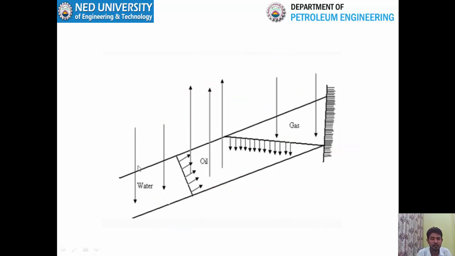You will inject water at the bottom section of the reservoir, and you will inject gas at the top section of the reservoir. Basically in that case you will have the maximum use of the gravity forces, and you will have the production well at the center of the reservoir, and it is the most ideal or the efficient displacement process out of all flowing conditions.